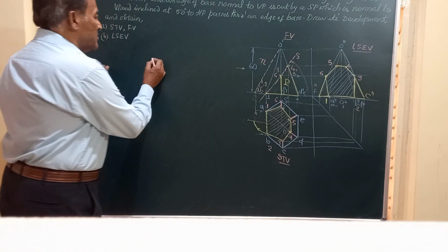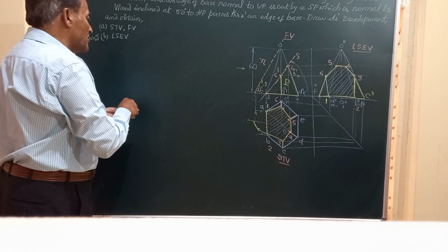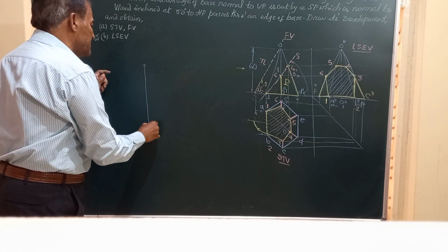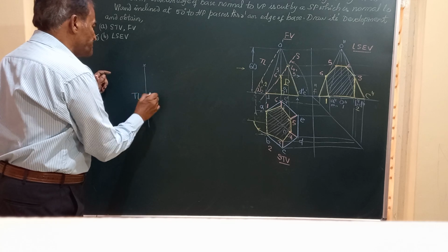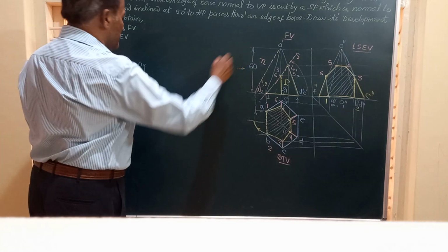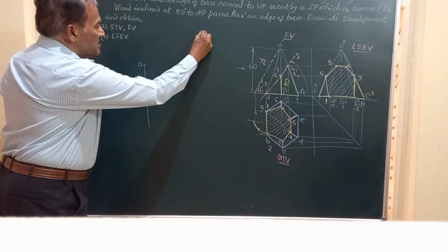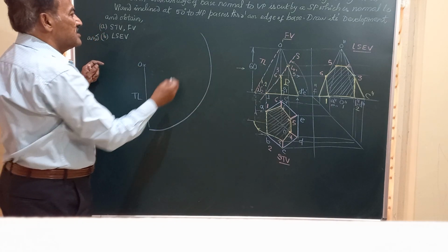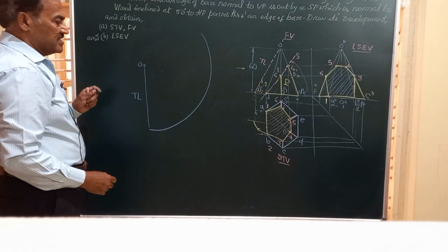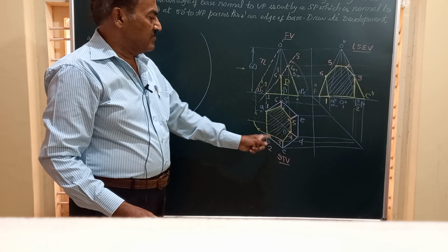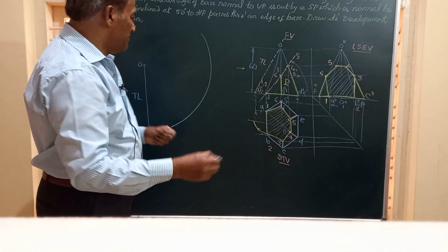So friends, for drawing the development, I draw a vertical line, say of length equal to the true length. Say this is O, the vertex. Taking O as center, true length as radius, I am going to draw an arc. On this arc, I am going to step off 6 divisions of 30 mm each.